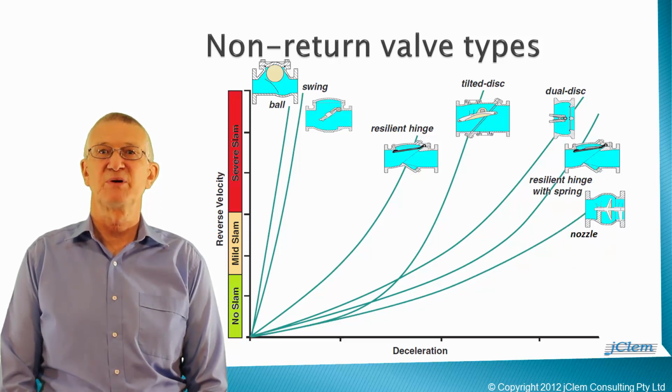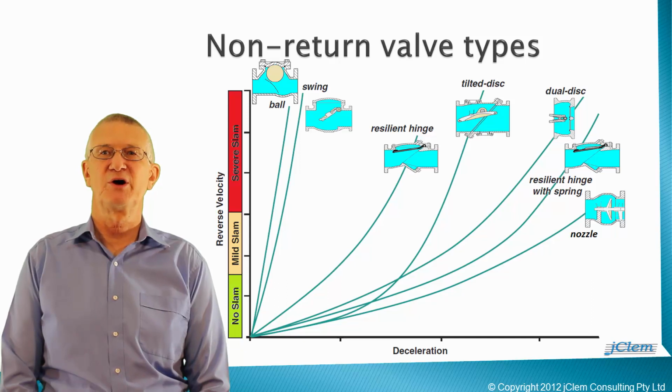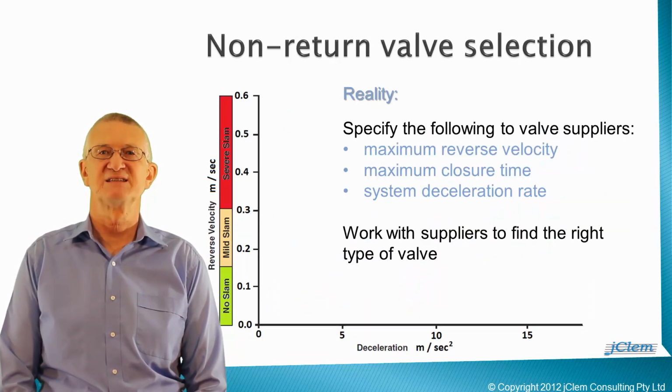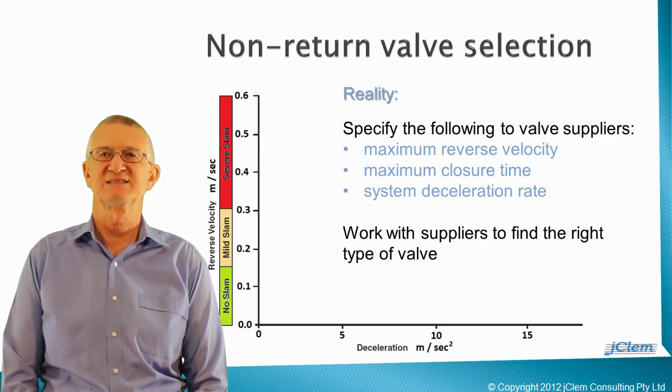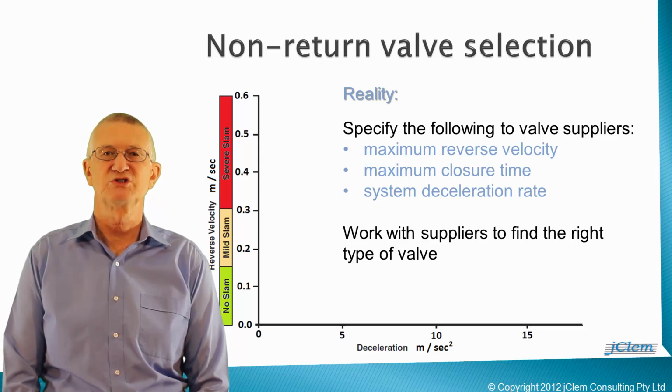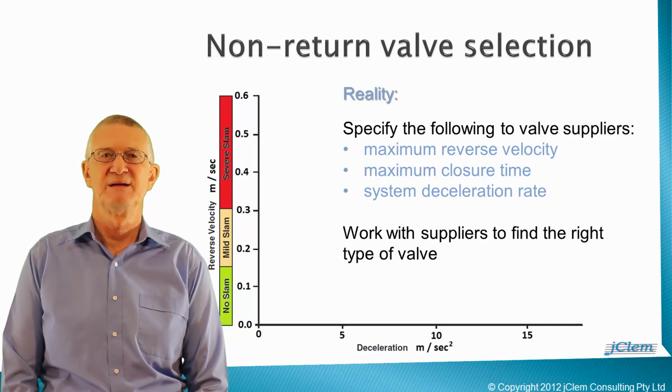How then does a project team select an appropriate non-return valve from this range? Start by specifying a design target for the maximum acceptable reverse velocity. Next, determine the scenarios that will generate the worst deceleration of the water column. These are likely to be pump power failure or stopping one pump while other parallel pumps continue to run.